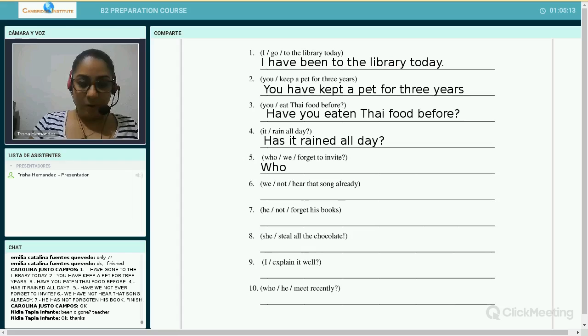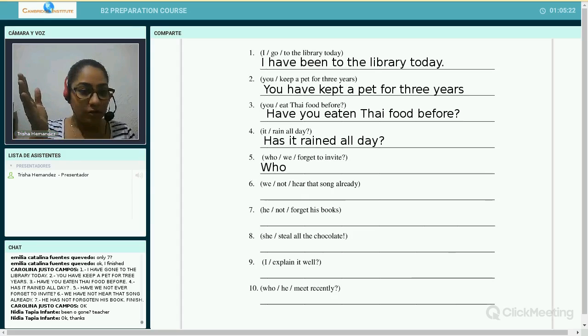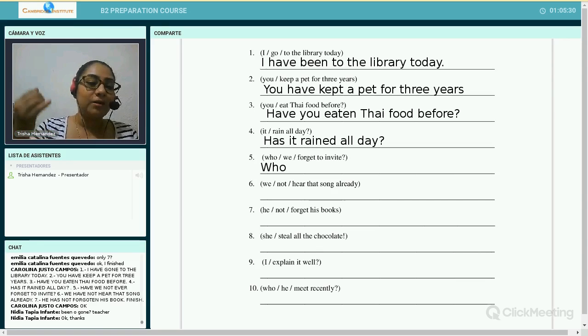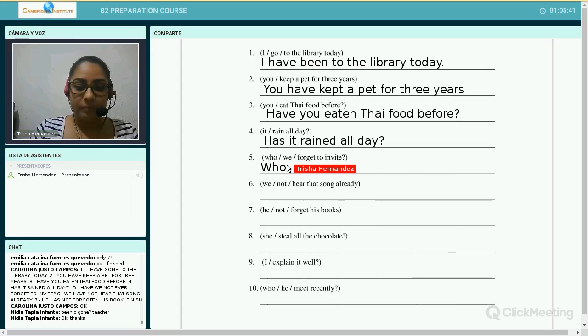When we have WH questions or the information questions, they go first. We forgot about using our auxiliary verb first. When we have who, which, when, we have to use it first. In this case, who have we forgotten to invite?